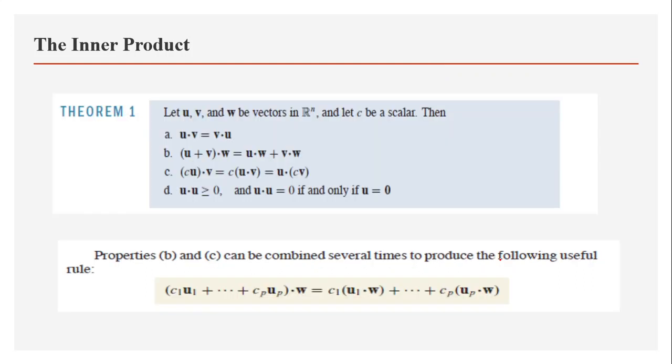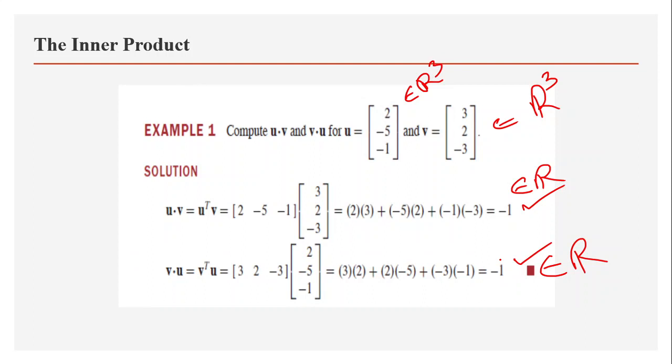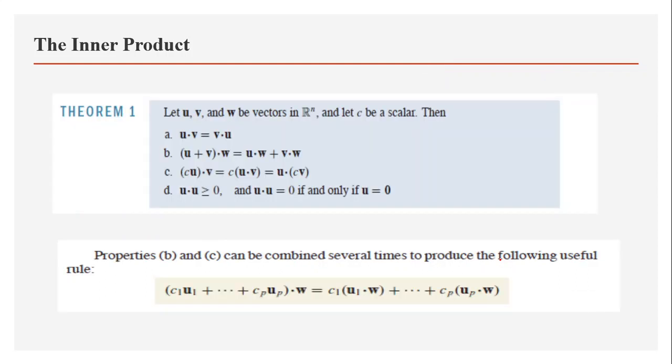Then the conclusion of example 1 is Theorem 1. Let u, v and w be vectors in Rn, and let c be a scalar.